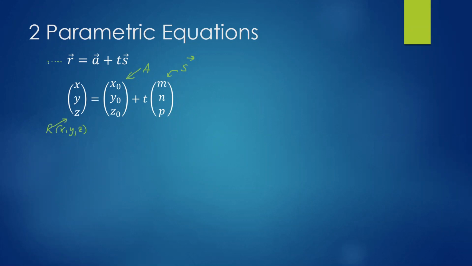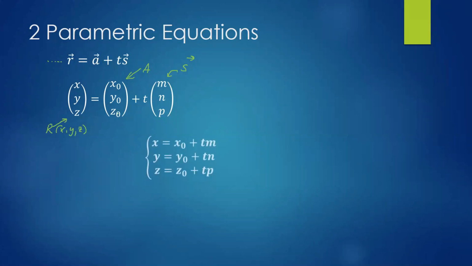We can only use this equation when we have specific numbers. So when we have the point A with coordinates x0, y0, z0, when we have the coordinates of the direction vector s.